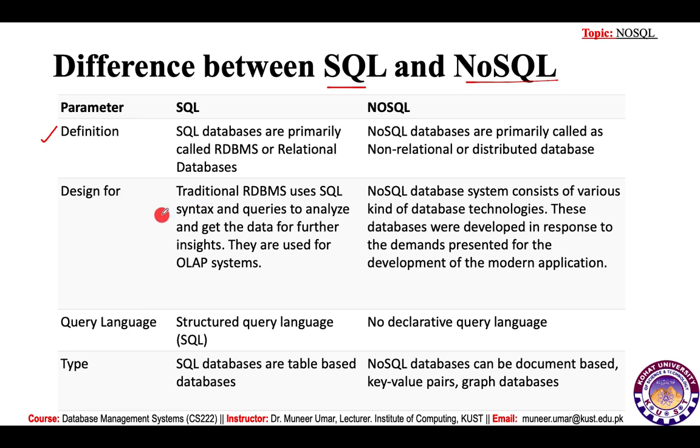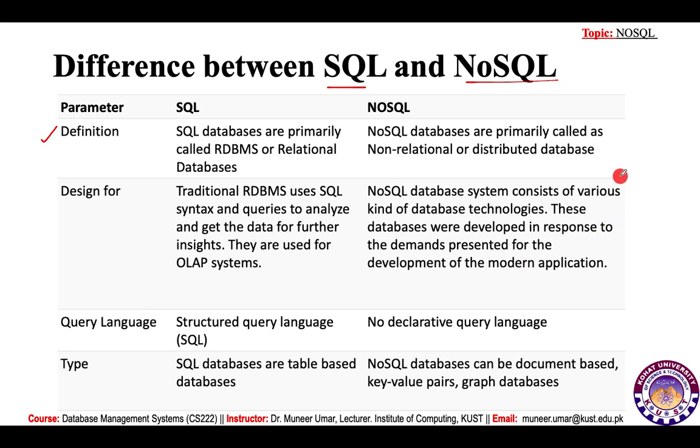The traditional databases use SQL syntax and queries to analyze and get the data for further insights. They are used for OLAP systems. By OLAP, we mean online analytical processing. NoSQL database systems consist of various kinds of database technologies. These databases were developed in response to the demands of modern application development.